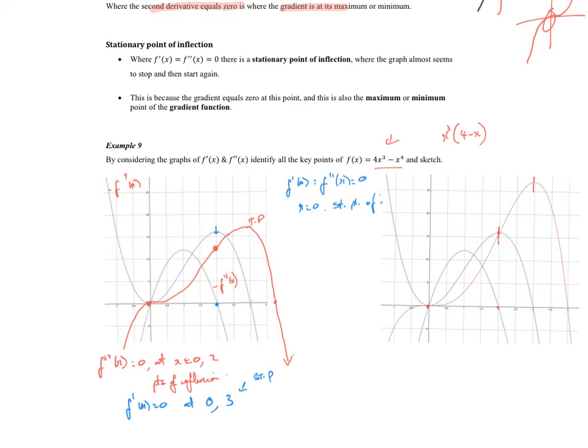What's the green one? Green one is the second derivative. Second derivative is 0 at 2, so there's my point of inflection. So it kind of matches off.